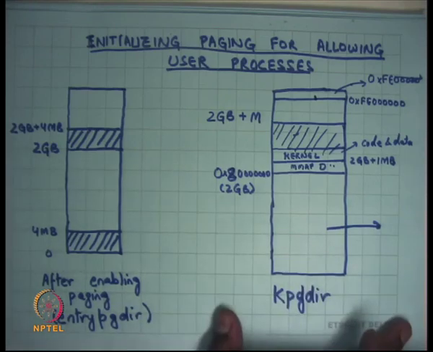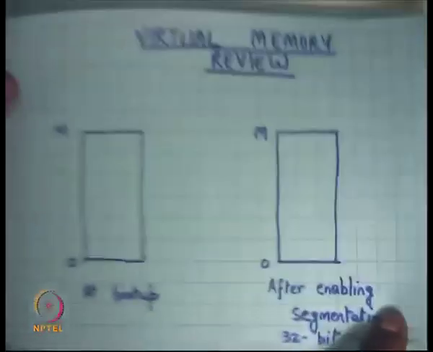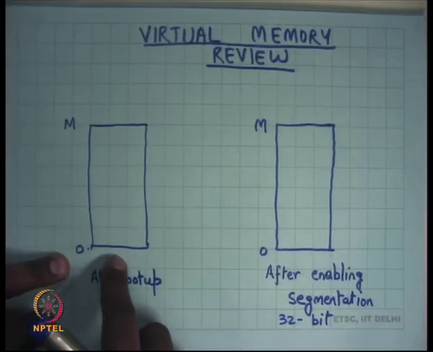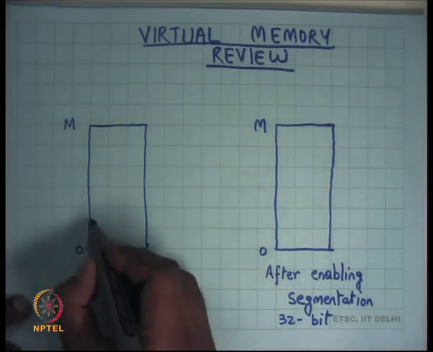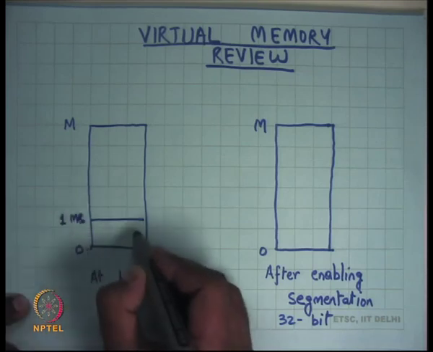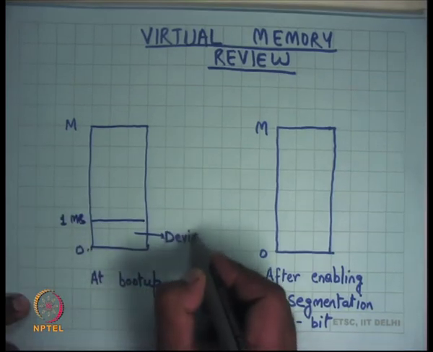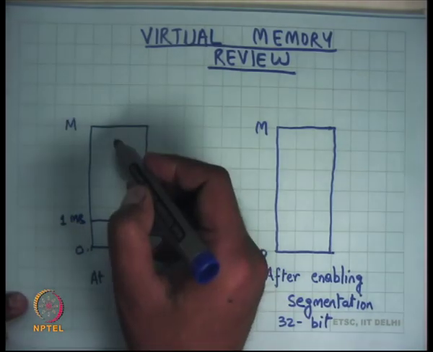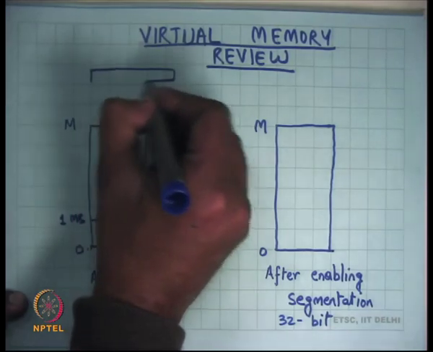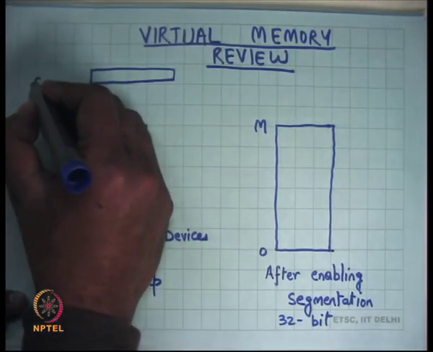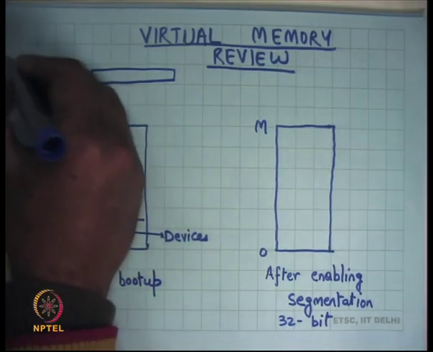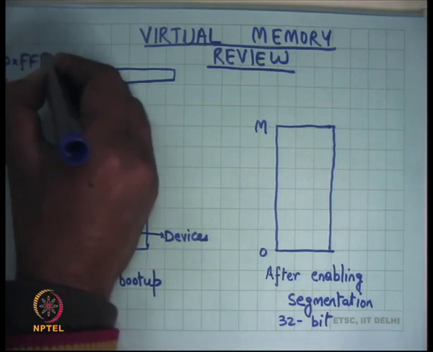Right. So just to make this discussion more complete, at boot up the address space wasn't just this. Actually at boot up the address space was 0 to 1 MB is devices, 1 MB to M is whatever your physical memory is, and also there is some chunk on the top, 0xFE000000 to 0xFFFFFFFF.